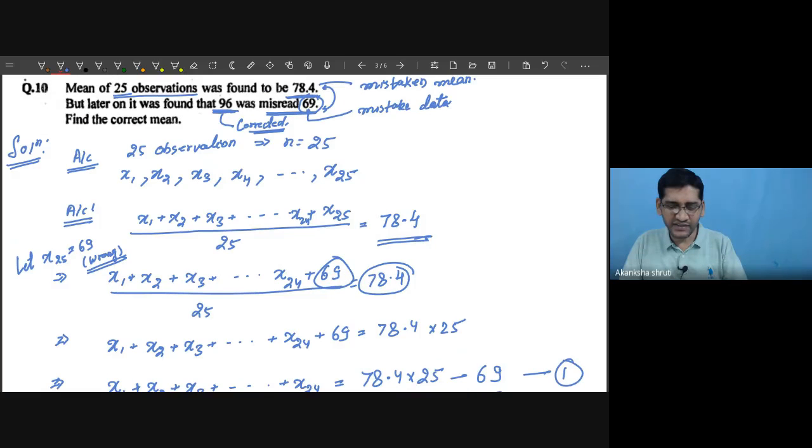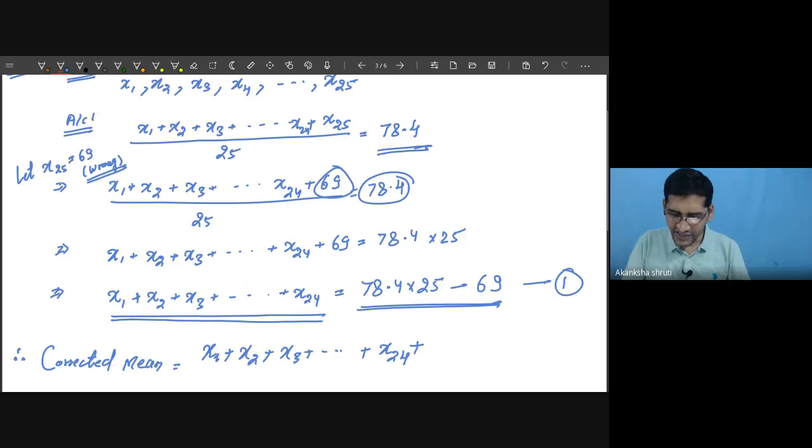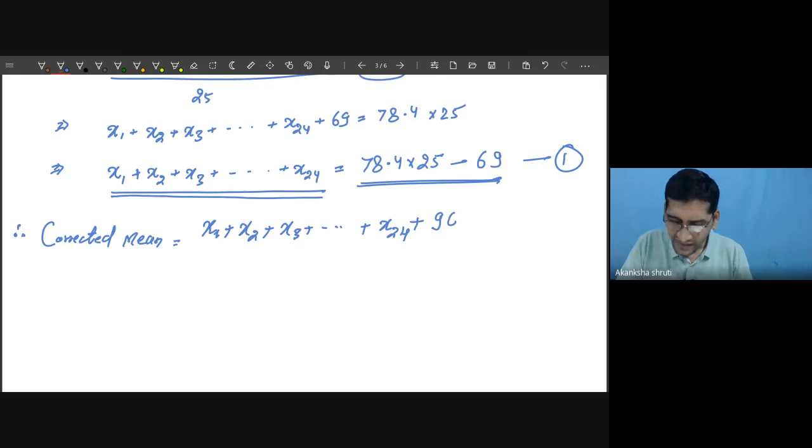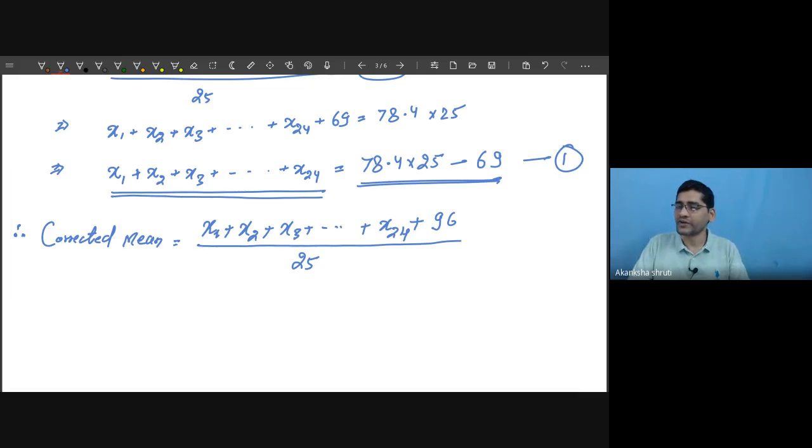We have to take the correct data 96, and the number of observations remains the same, 25. This value we have to calculate now.